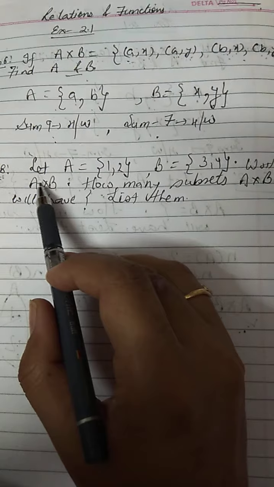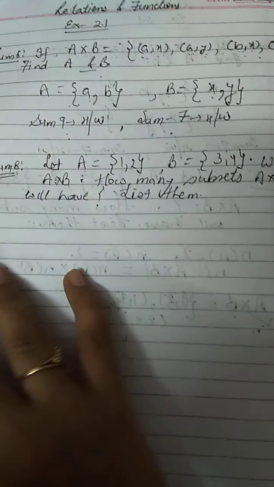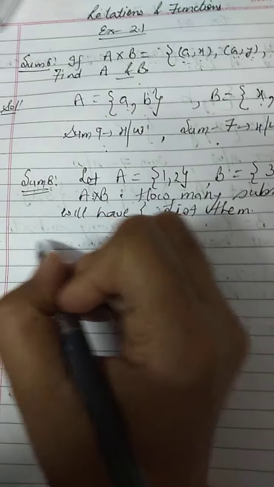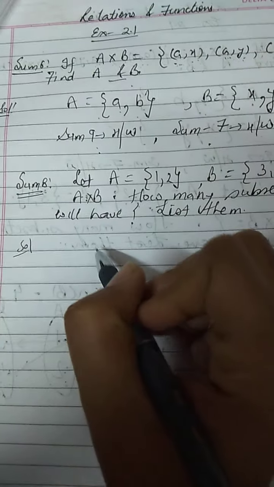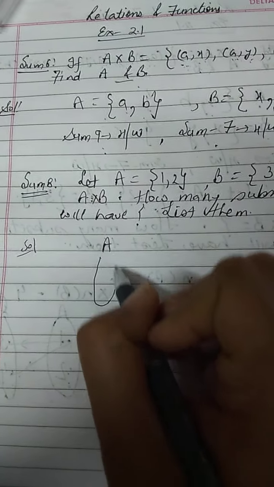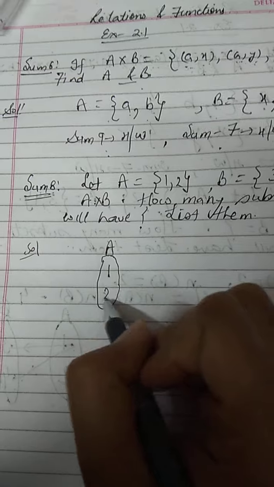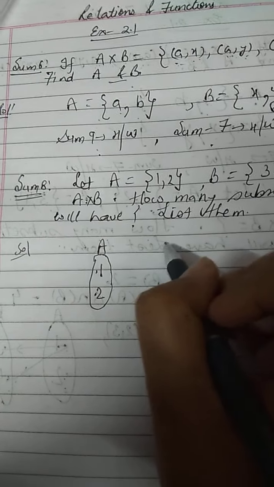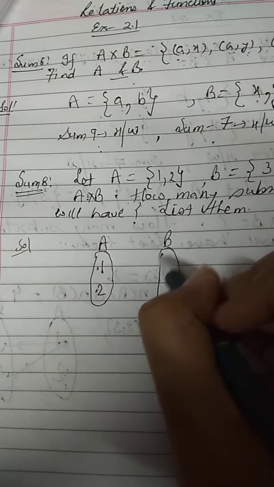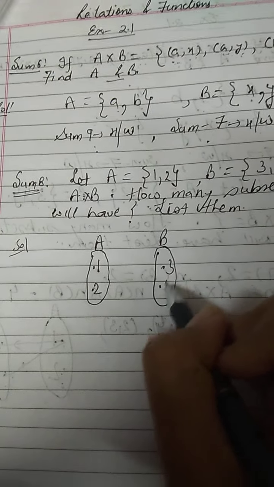First of all, we will find the Cartesian product of A and B. So let us do that. If you remember, set A has the elements 1 and 2, and set B has the other elements, here two elements only, 3 and 4.